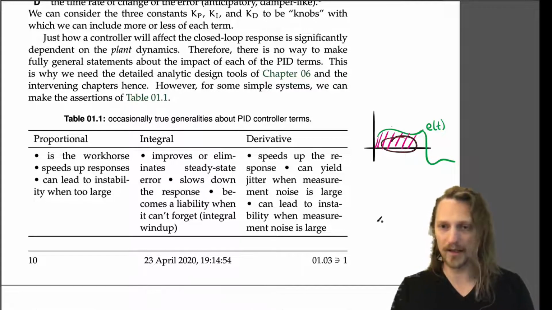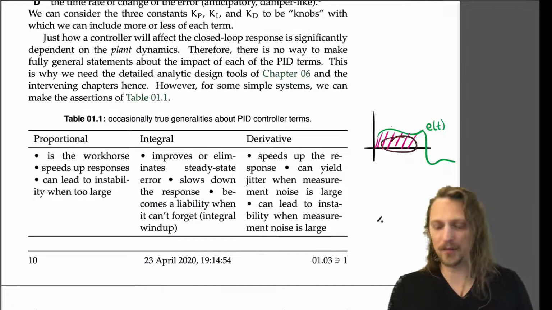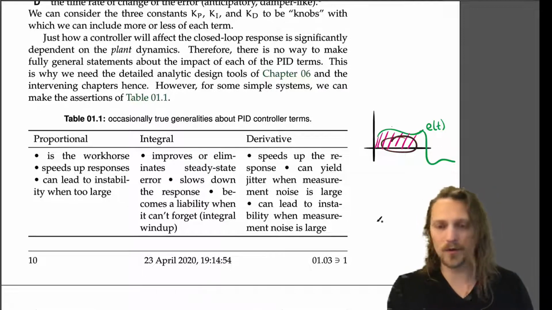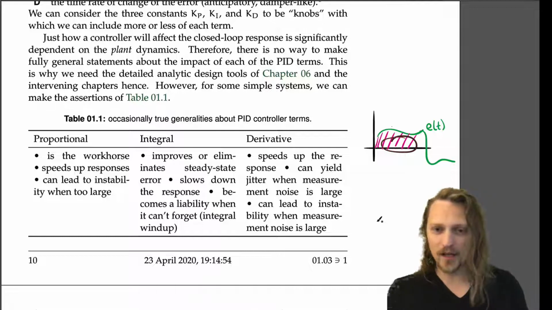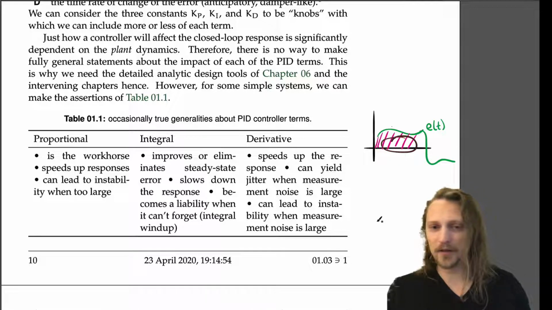It's called integral windup. You'll see sometimes a system that can't forget what happened before, like somebody who's still caught up on somebody that they used to date. They get sort of hung up on the past.